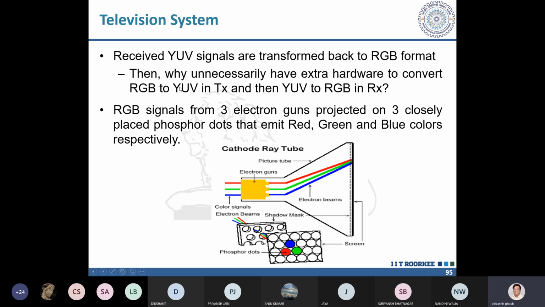Now one question comes: if I am ultimately using RGB here again for this electron beam to be modulated, then why am I unnecessarily sending this YUV? Because you have to do extra conversion at the transmitter and extra conversion at the receiver. The reason is that before the color television was invented, monochrome TV was there.